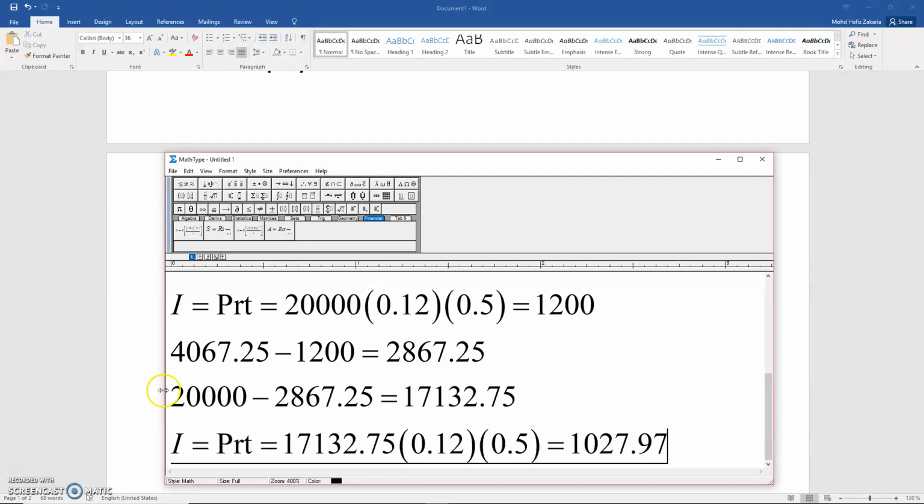So out of this 4,000, the value of interest has decreased.